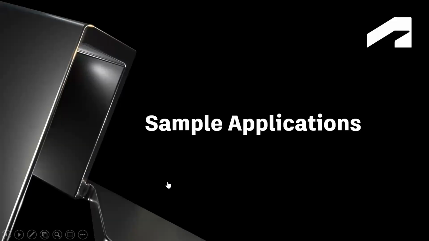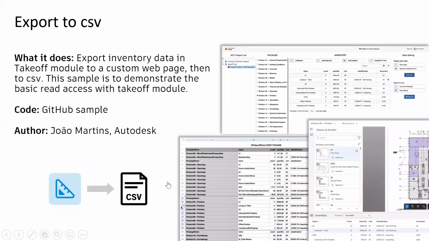And next, we'd like to show two sample applications using Takeoff APIs. The first sample is to export Takeoff data to CSV. This application reads inventory data in Takeoff, creates a custom web page, then exports to CSV.